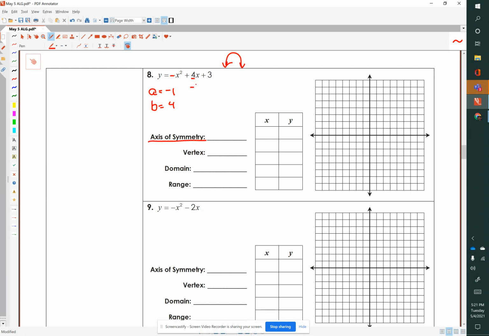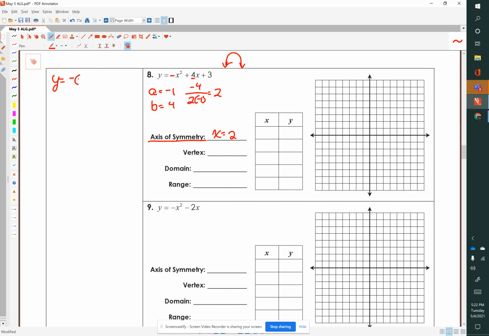So that would be -4 divided by 2 times -1. Negative divided by negative is a positive, so that's going to equal 2. So the axis of symmetry is x equals 2. And let's substitute 2 in that quadratic.